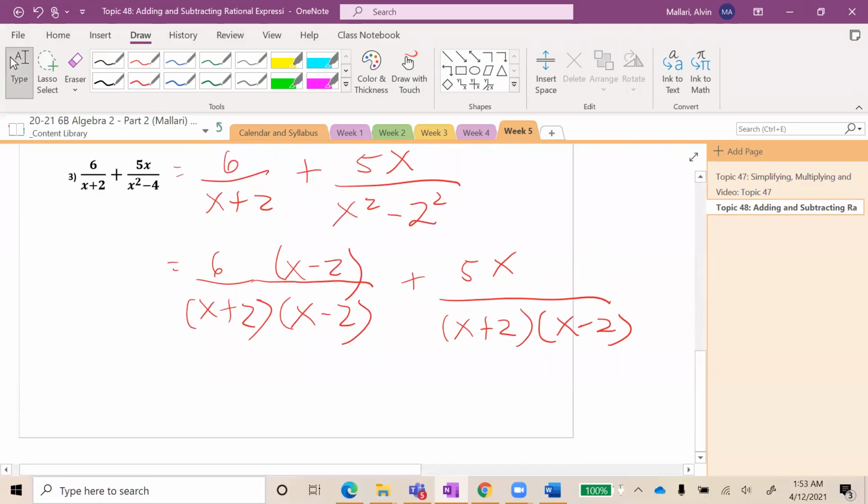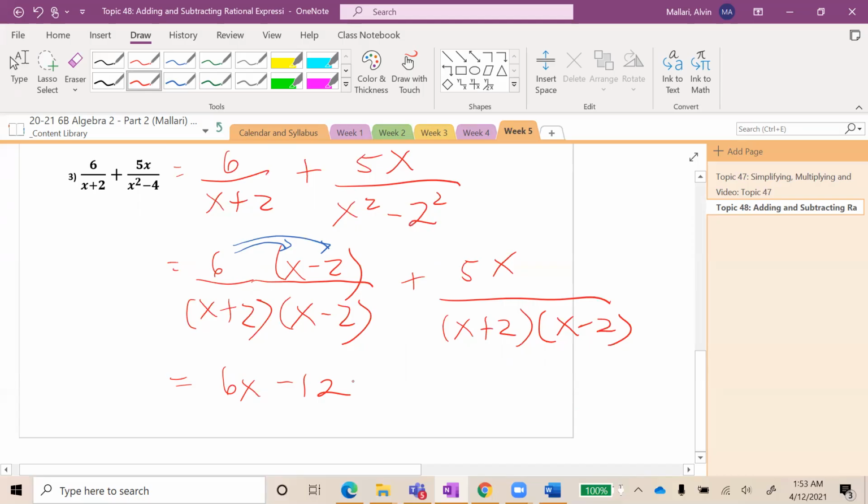So we can now use the distributive property to work with the numerator here. So 6 times x will be 6x. And then 6 times negative 2 will be negative 12.